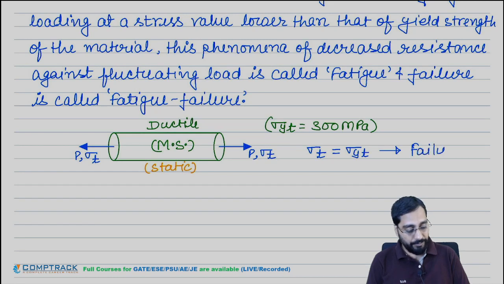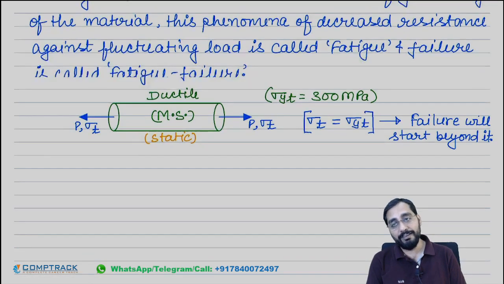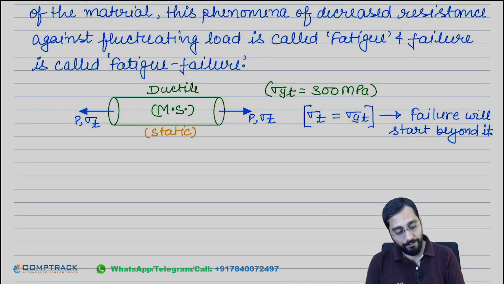Failure will start beyond this. So when sigma t is more than sigma yt, then failure will start. Yes or no? When you are applying static loading.